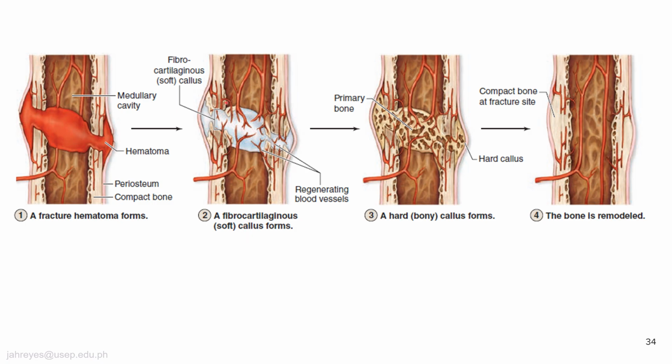And the macrophage will remove the unnecessary substance or structure here in order to allow regeneration of that bony tissue. So there is formation of primary bone, and there is the formation of the hard callus where the fracture is contained. And then eventually that woven bone is being remodeled as a compact bone in that fracture site.